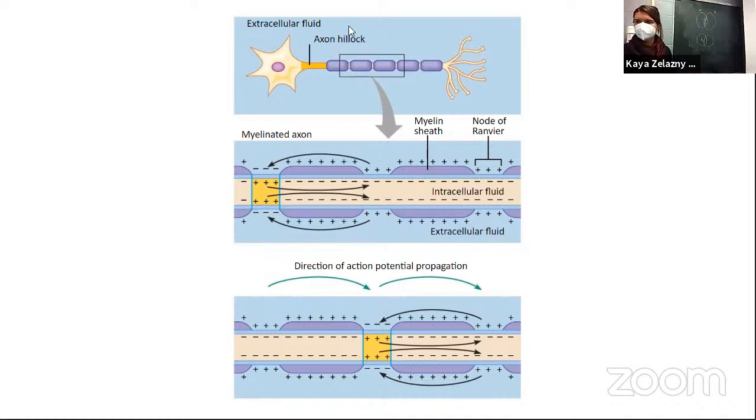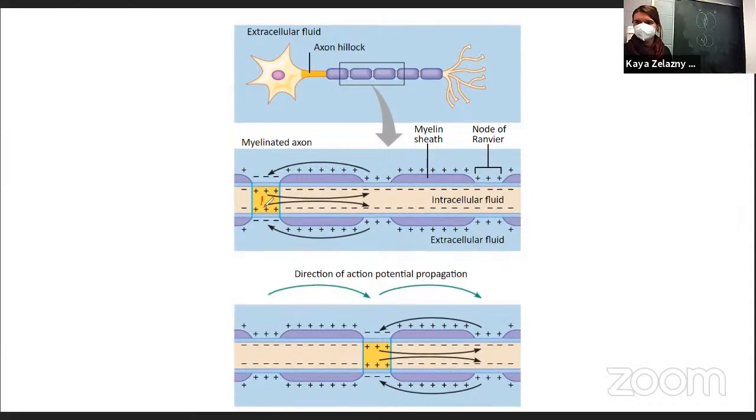So before we had things labeled section A, section B. Maybe now A is a node, B is a myelinated section, C is another node. So we'd skip B and we'd go straight from A to C. But otherwise, all the things we talked about with how action potentials propagate is the same here. So we still have refractory periods, we still have unidirectional movement of action potentials. We're still not moving backwards.